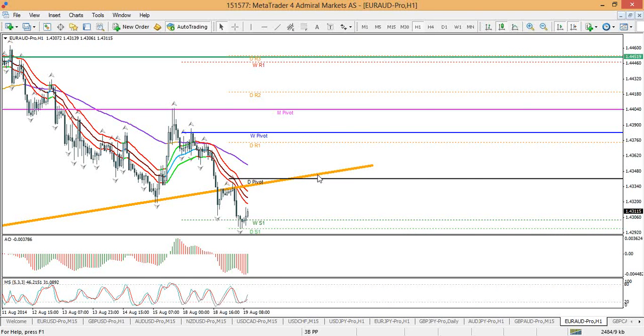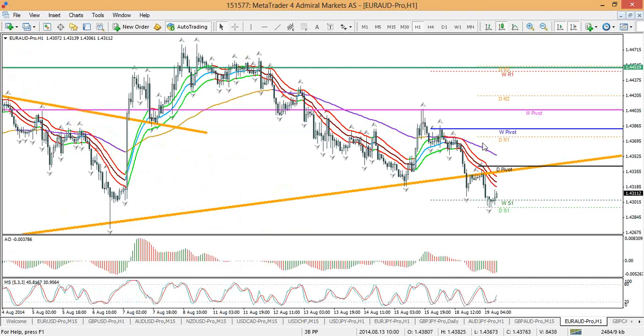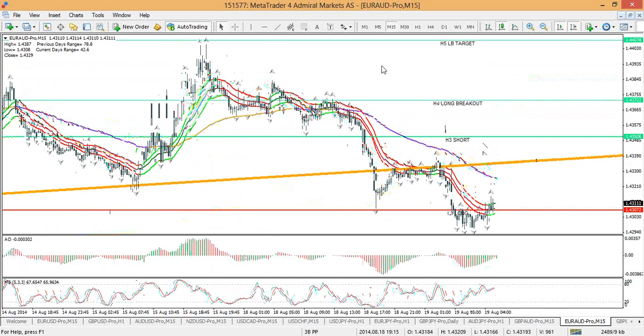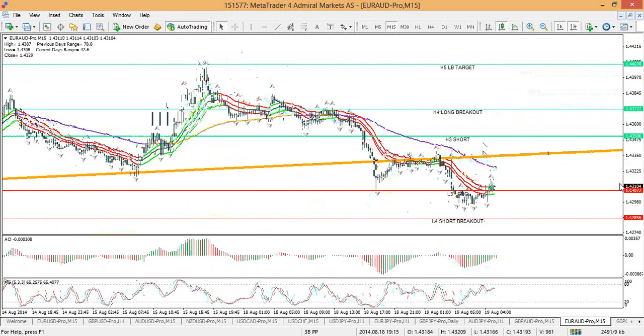Hourly chart, we're seeing some bounce, but everything is bearish. 15-minute chart. Price trying to poke through L3. Some divergence between the bottoms though, so we could see maybe a bit of retracement.